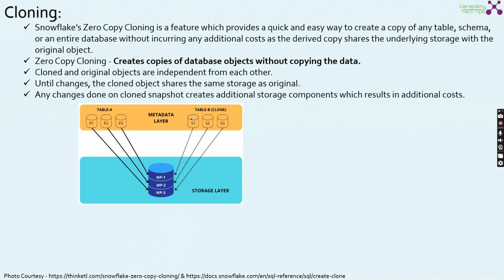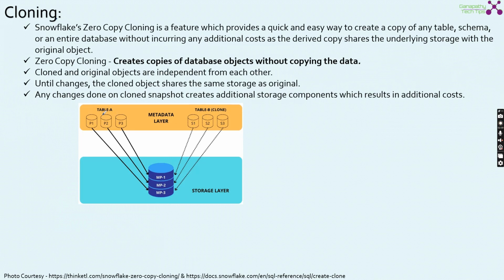Now if you create a clone of this table A, say I am creating table B which is a clone of table A, it will create S1, S2, S3, which in turn use the same storage of table A. So there is no storage cost added for you at the time when you create a clone.